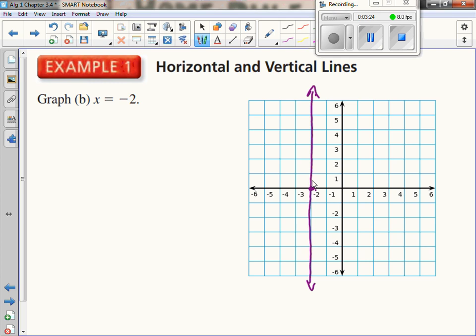So it's this line here, because all of those points are where x is -2. That's it. We graphed it. If we just have x equals or y equals, we can just put that dot because that is where x is that value or where y is that value.